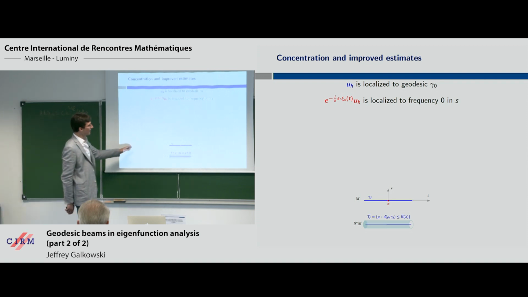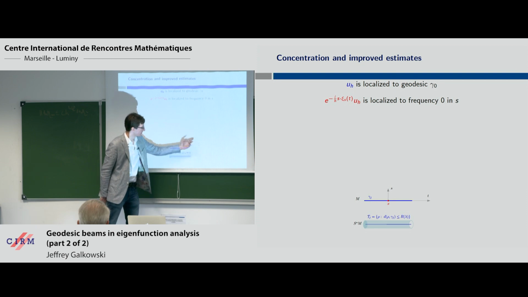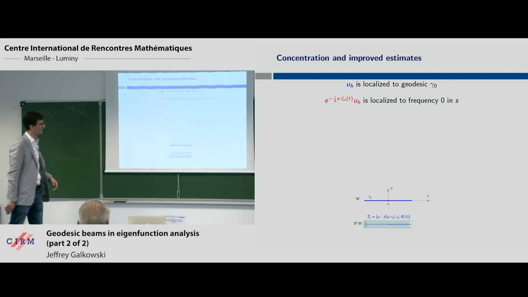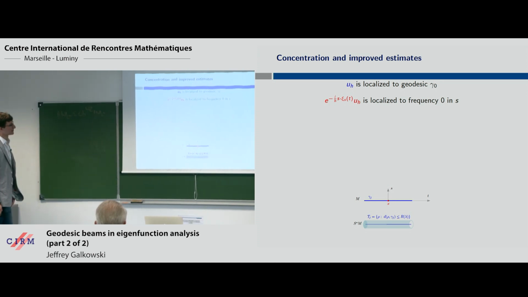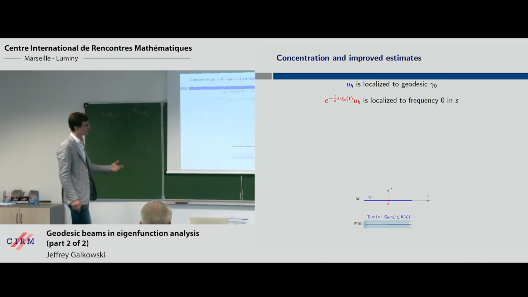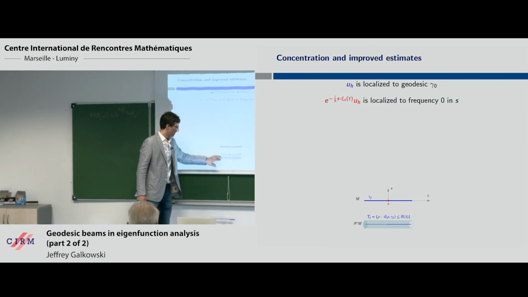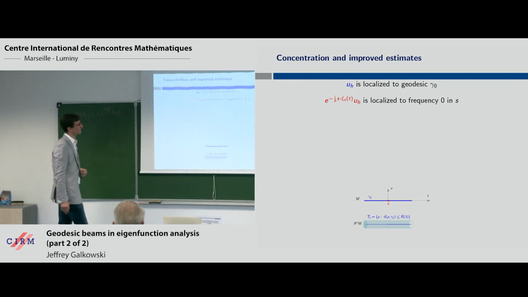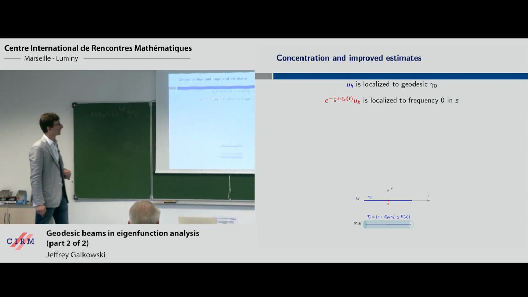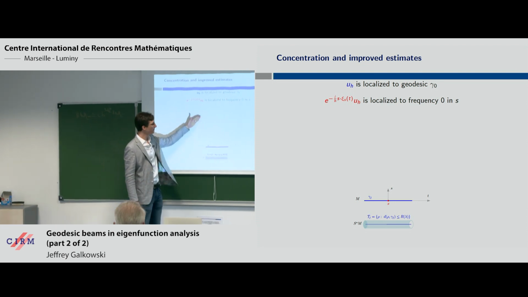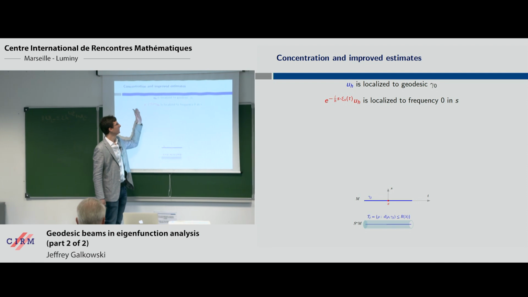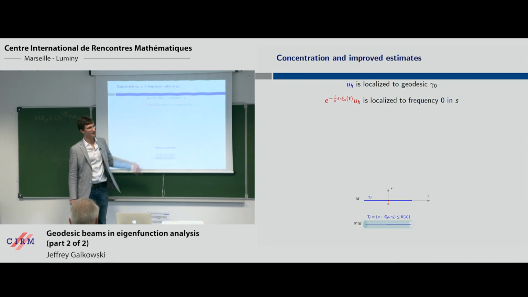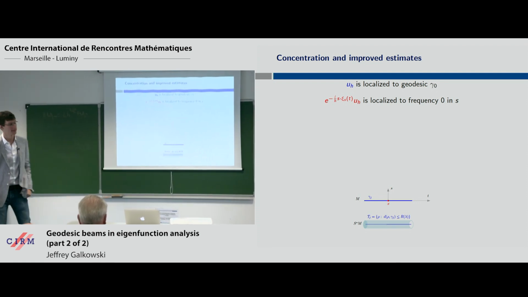My coordinates are t along the geodesic, and s orthogonal to the geodesic. I'm saying that I'm living inside this little tube of radius r. What you can do is remove all the oscillation in the s variable, in exactly the same way: you just multiply by some oscillating factor to remove the oscillation in the s variable.